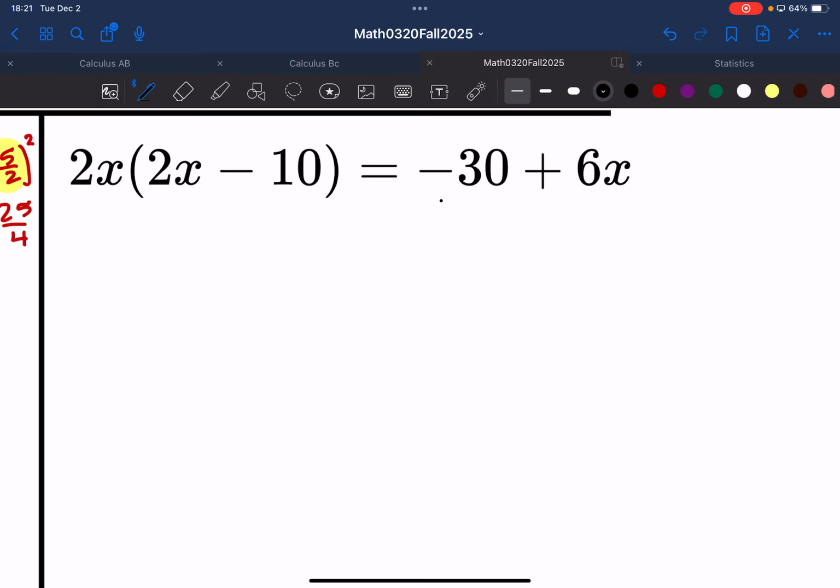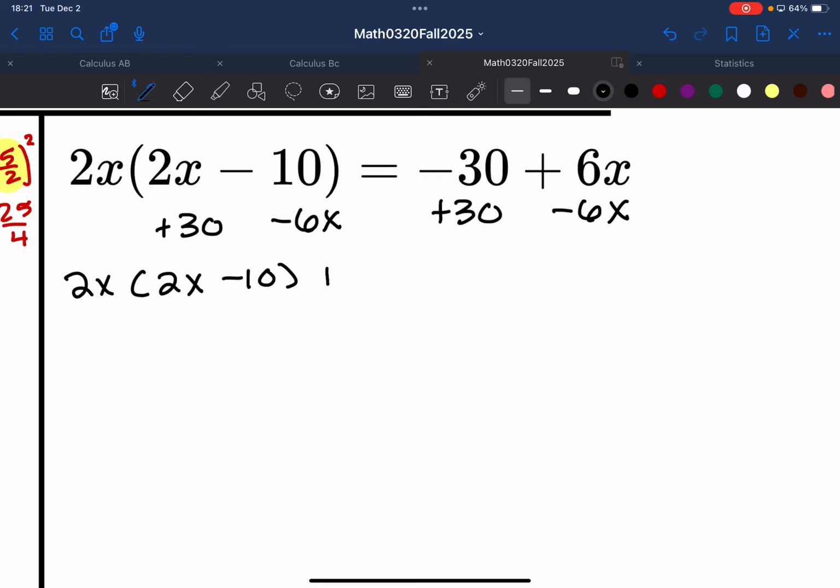So I would add the 30 over and subtract the 6x, which means I have 2x times 2x minus 10 plus 30 minus 6x equals 0. I just moved everything to the left side, so it's equal to 0. But before I can combine like terms, what do I have to do with that 2x in the front? Good, distribute.